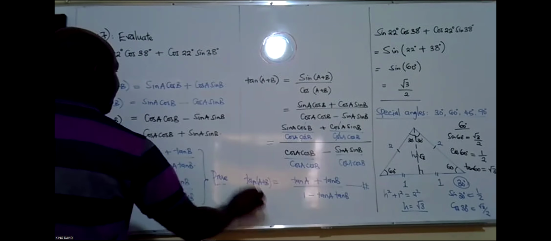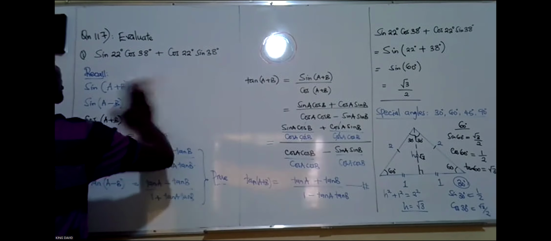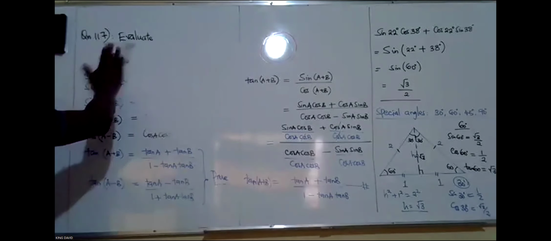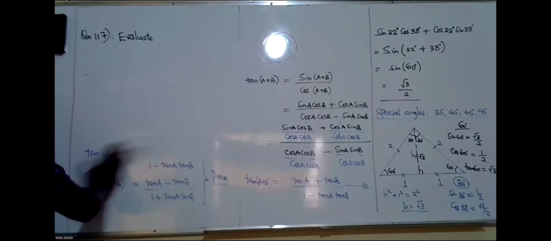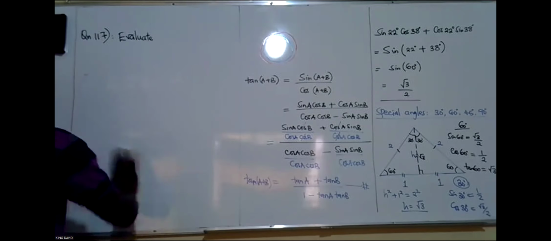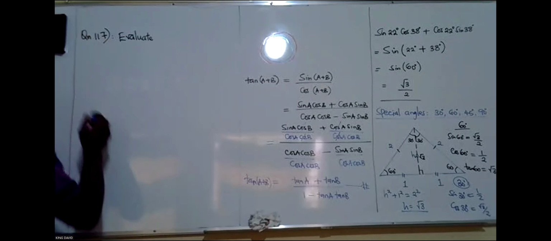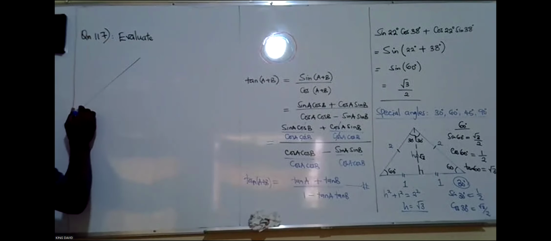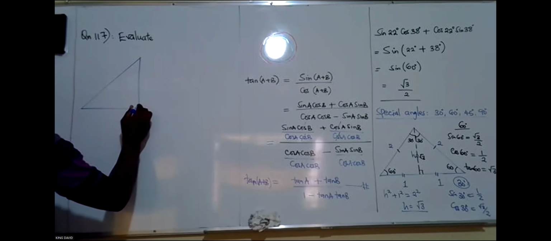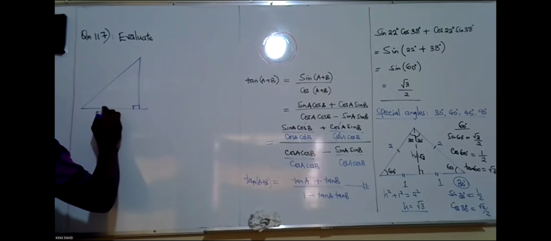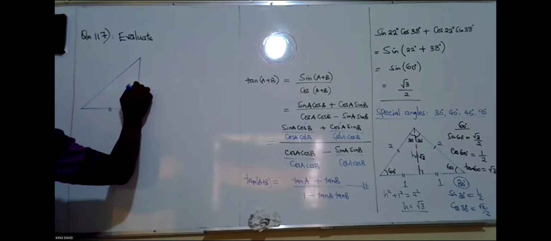Now for 45, we use a right-angled isosceles triangle. This is what we have. If this is 90, isosceles, 2 sides are equal. Definitely it has to be this side and that side.